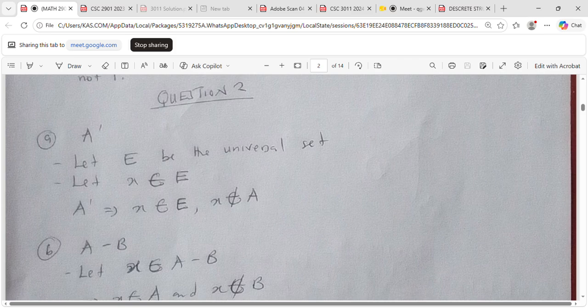X is not a member of A, and X is a member of E. So there are quite a lot of ways that you can answer this question.